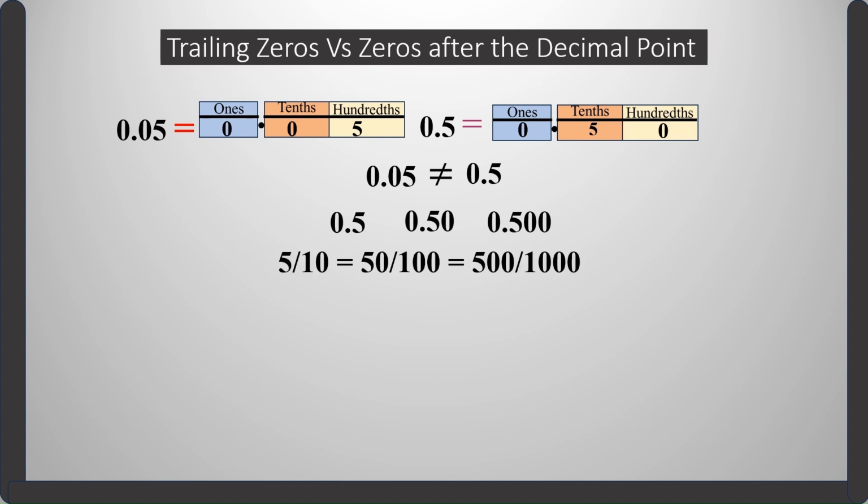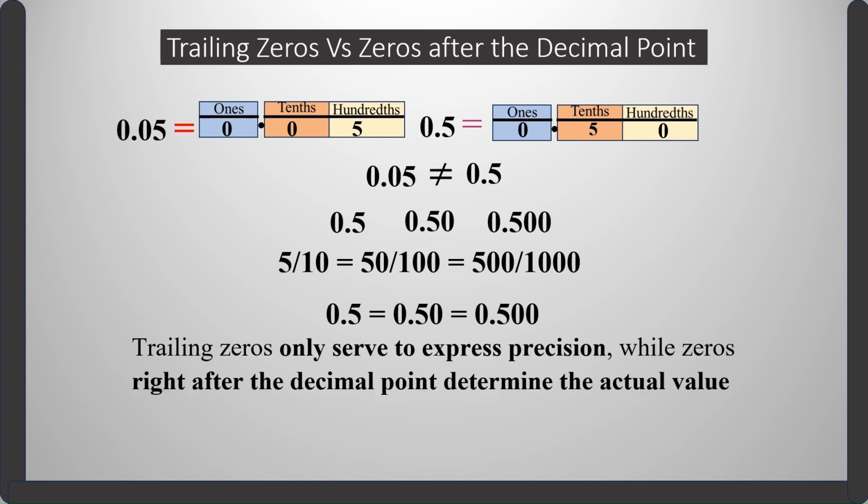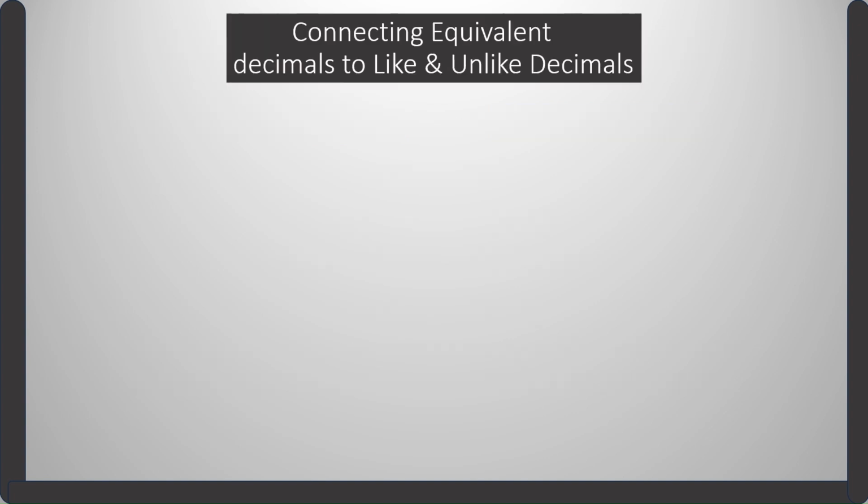Just like 5 by 10 is equal to 50 by 100 is equal to 500 by 1000. 0.5 is equal to 0.50 is equal to 0.500. Trailing zeros only serve to express precision, while zeros right after the decimal point determine the actual value. Do you remember what we discussed in like and unlike decimals?